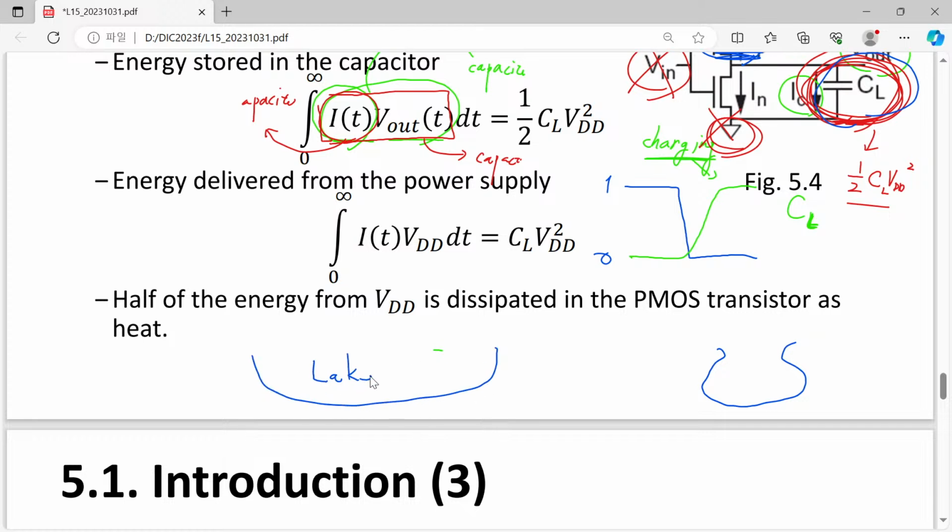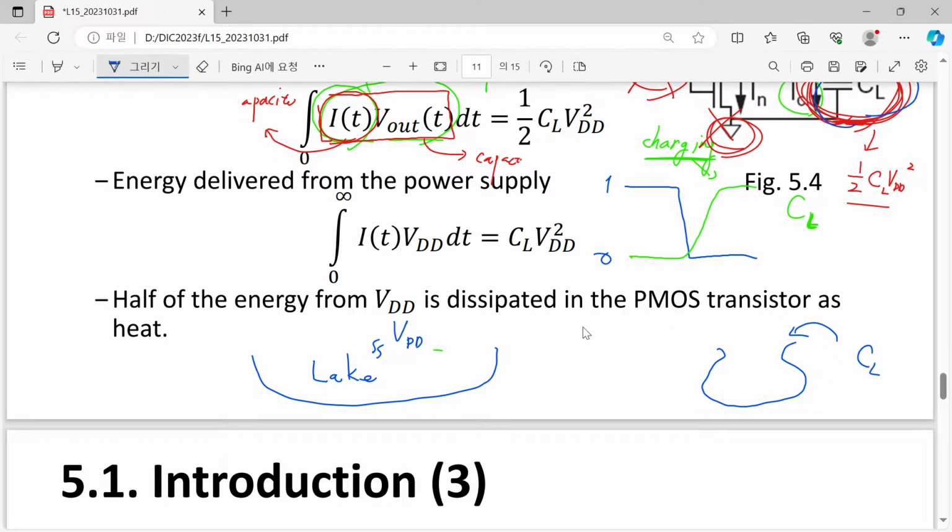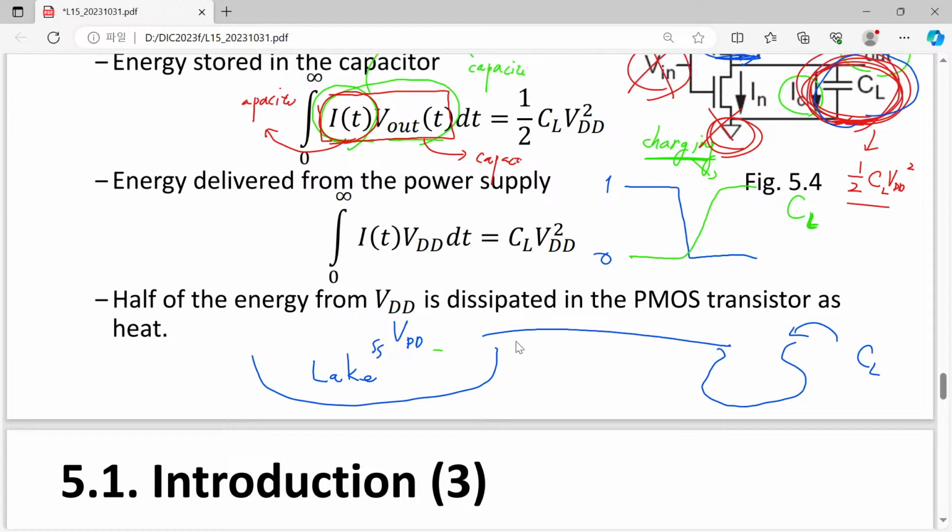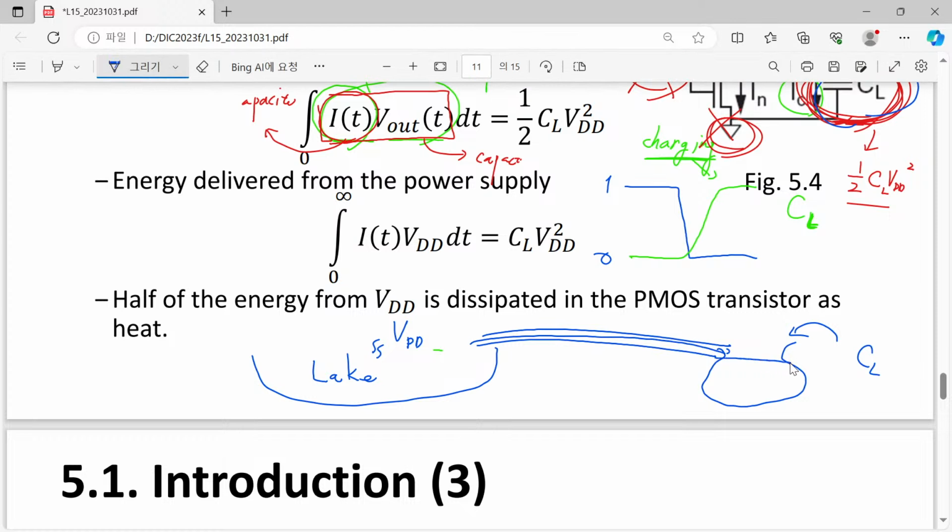So this lake is corresponding to what? So our VDD. And here we have a little bit smaller jar. This is corresponding to our CL. We wanted to just fill this jar with water. So now we must have some connection. Then water flows from here to there, and this jar is completely filled.